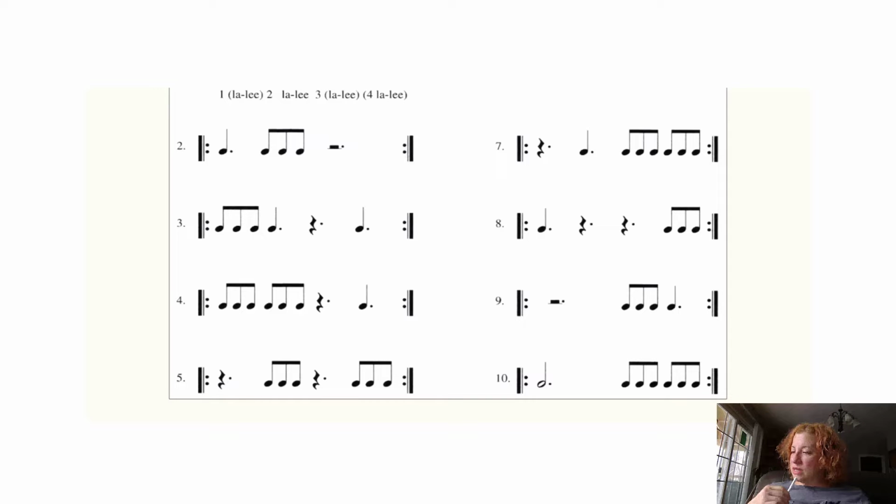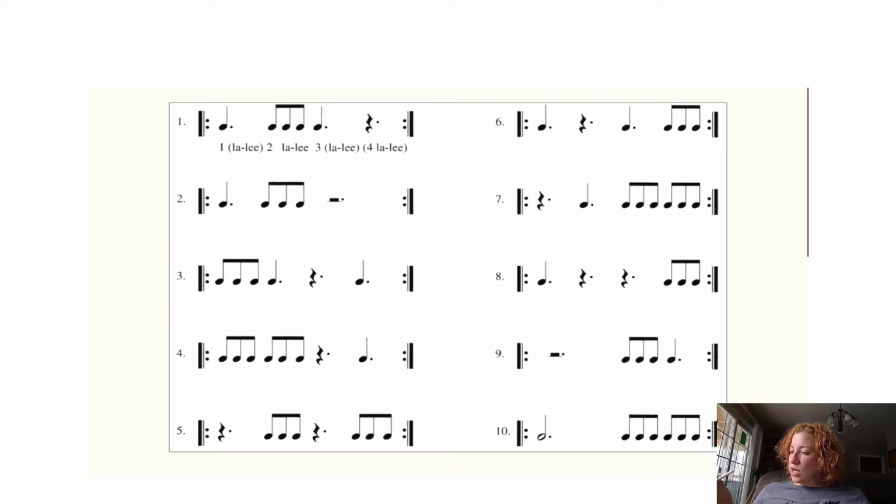Let's see which one might be a little bit more challenging. Here we go, the one up at the top. So marking my beat, right? 1, 2, 3, 4. Okay, super easy.